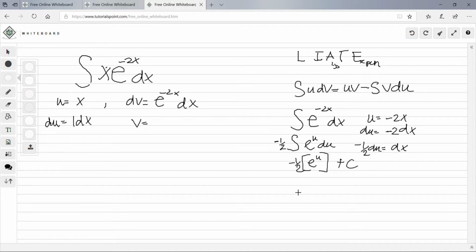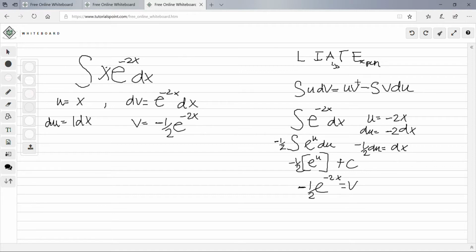Putting it back in, that's negative 1/2 e to the negative 2x. This is our v. We don't have to put the plus c for v right now.